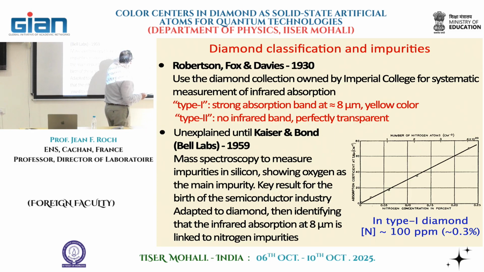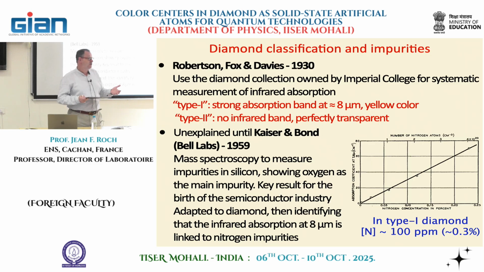And then they found that the absorption corresponds to a concentration of about 0.2, 0.3% of nitrogen. So it means that typically the nitrogen concentration is around 100 ppm, parts per million. So it means that somehow 1 in 10 to the 4 atoms of the diamond crystal is actually nitrogen.